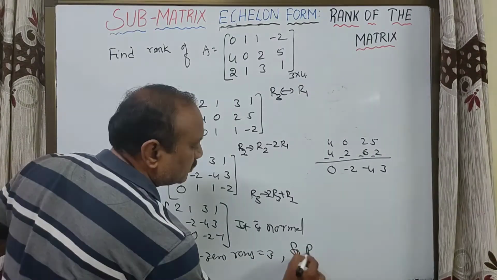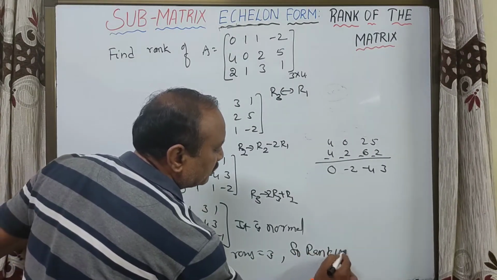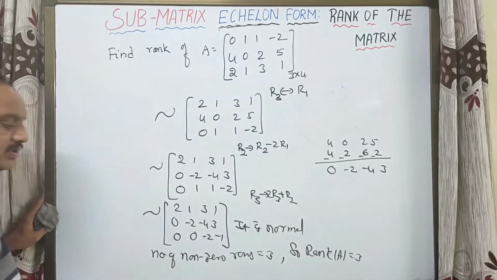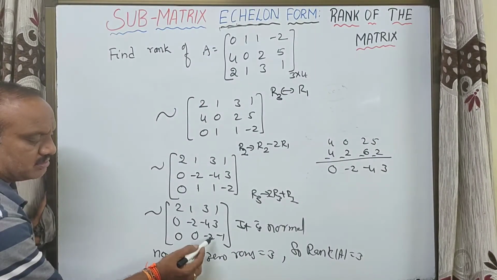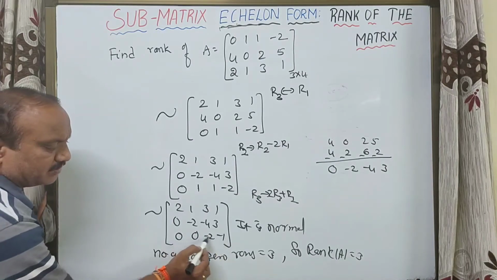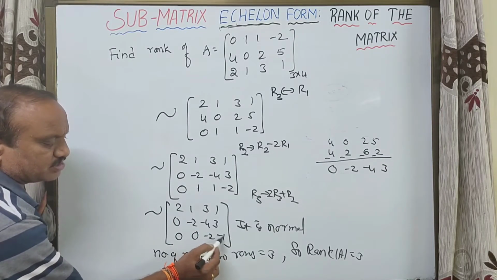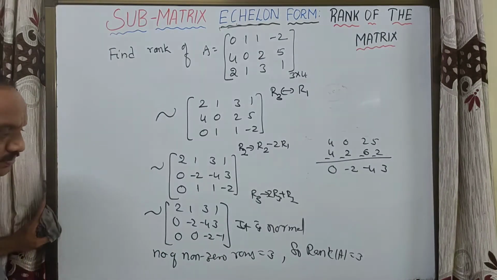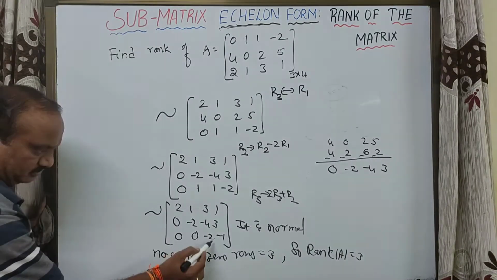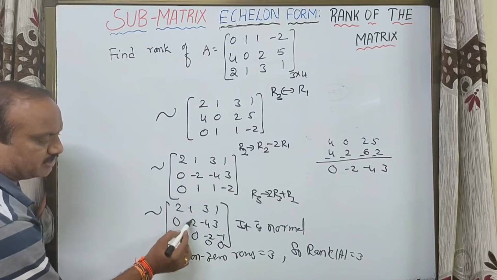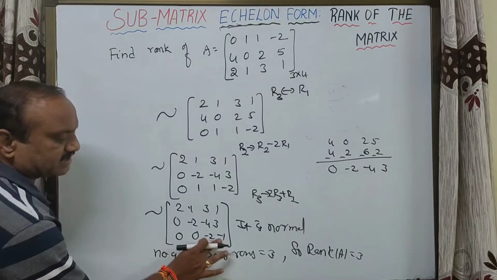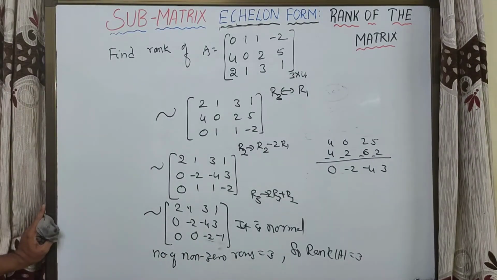So rank of A equal to 3. For example, if the last row is all 0, then rank becomes 2. For example, if it is a 0 row, number of non-zero rows is 2. In that case, rank is 2.